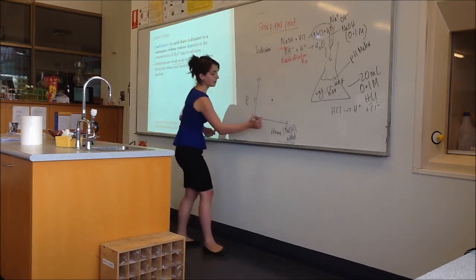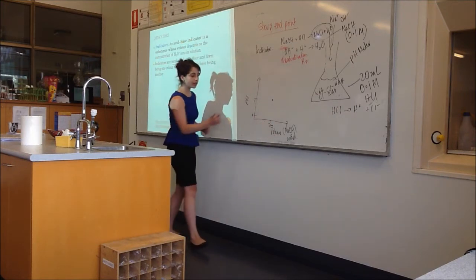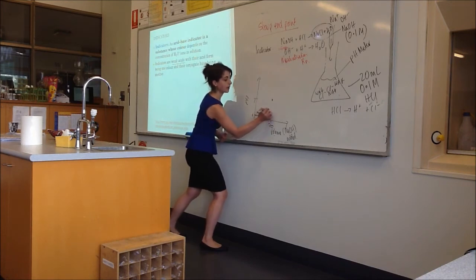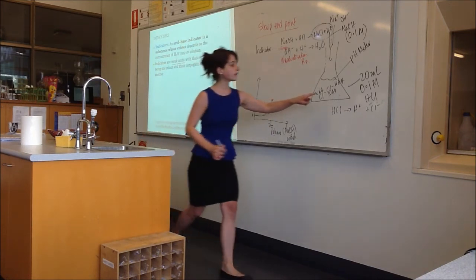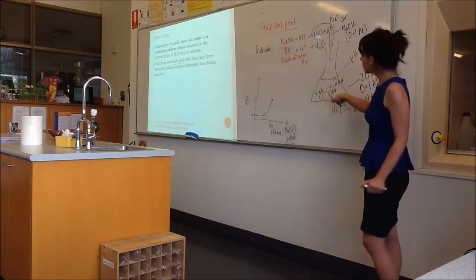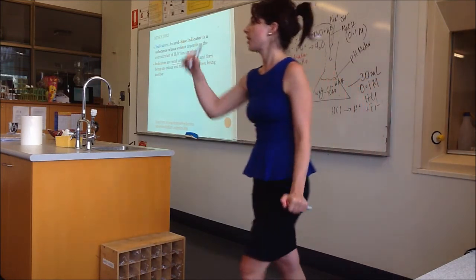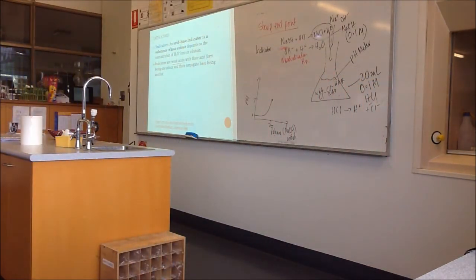Okay, now, once we've added 20, we have reached equivalence point. At this point, guys, we have removed all of the H+ from HCl. Are there any H+ left? Yeah, but there's one H. OH. Oh, but what else do we have in there?